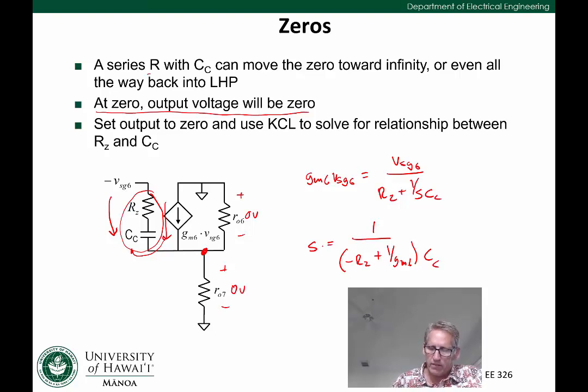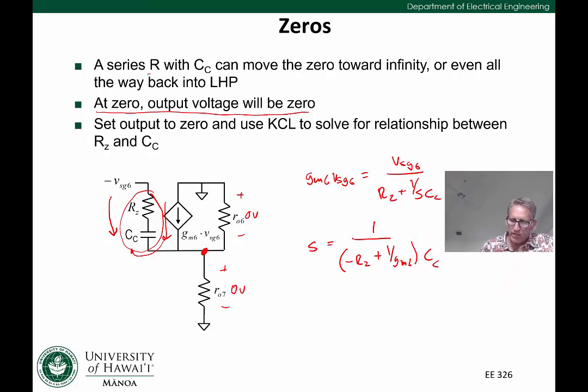So we can see that if we set RZ equal to 1 over GM6, such that the denominator of this equation goes to 0, we'll find that omega z, or S here, will tend to infinity.